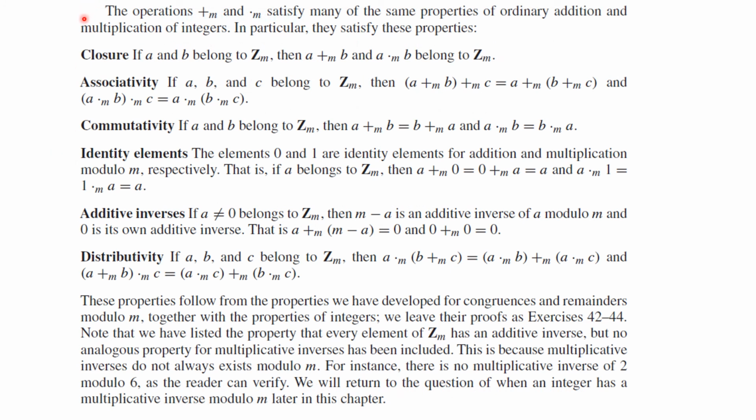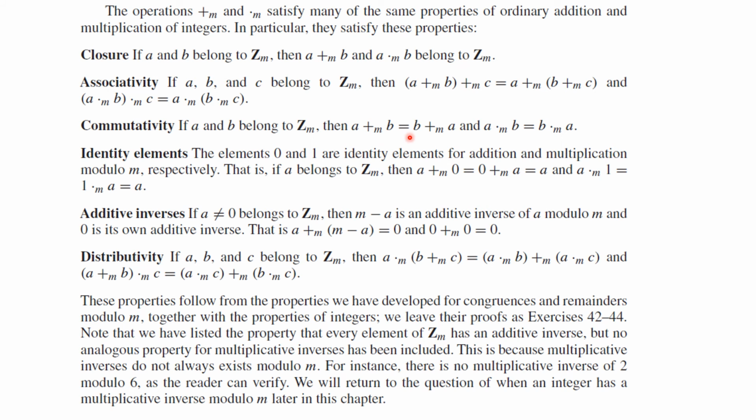The operations plus and multiply in modular arithmetic satisfy many of the same conditions. If A and B belong to Zm, this set of equivalence classes, then you can add and multiply things and you still get something in Zm. If A, B, and C belong to that, then addition is associative, the grouping is okay, and multiplication is also associative. They are commutative, the order doesn't matter.